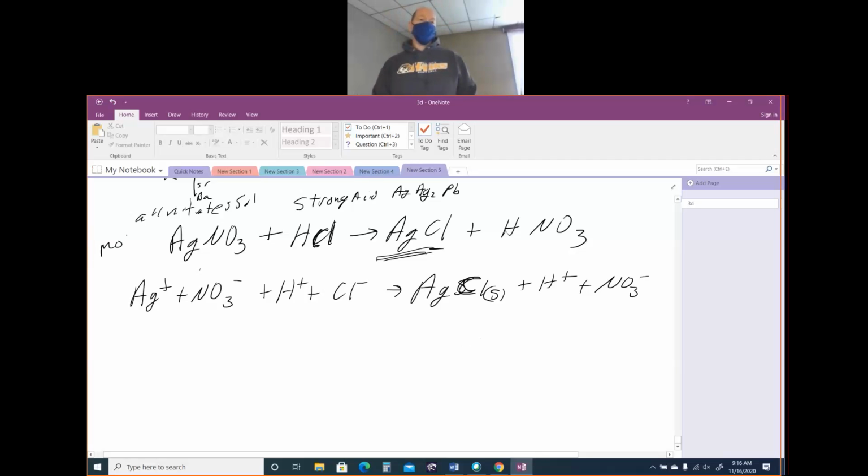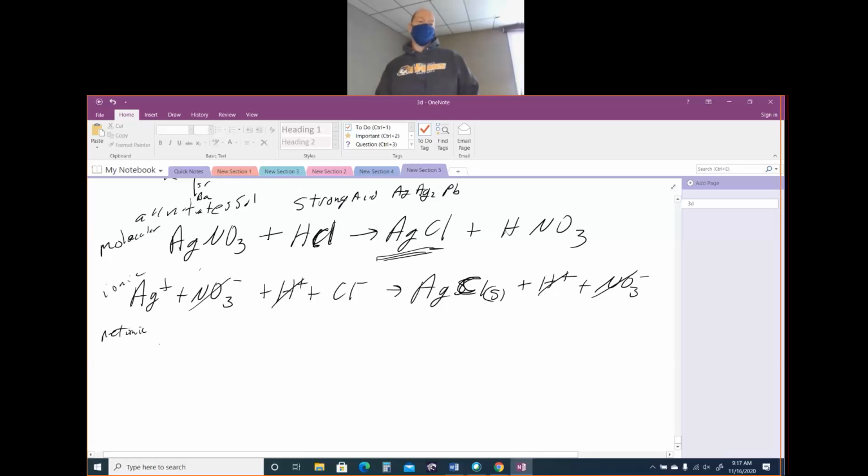So molecular, everything's neutral. Your ionic, if it is soluble, you put it in ions. If it's insoluble, you leave it in the molecular form. And then you have your net ionic. All right, and so we see that we have an NO3 minus and an NO3 minus. We subtract one from both sides. We have an H plus, we have an H plus.